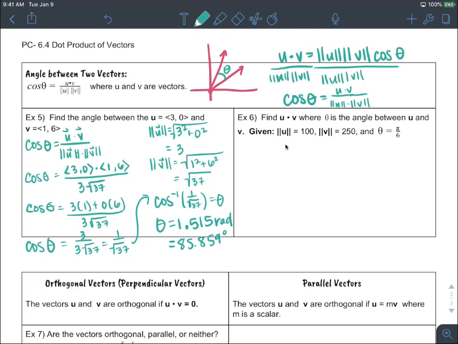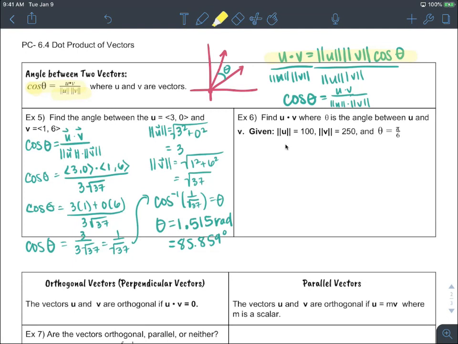Okay, so some algebra for you. Number 6. Find u dot v, where theta is the angle between u and v, and we're given that the magnitude of u is 100, the magnitude of v is 250, and theta is equal to pi over 6. I could start with this equation, but why don't I start with that equation?